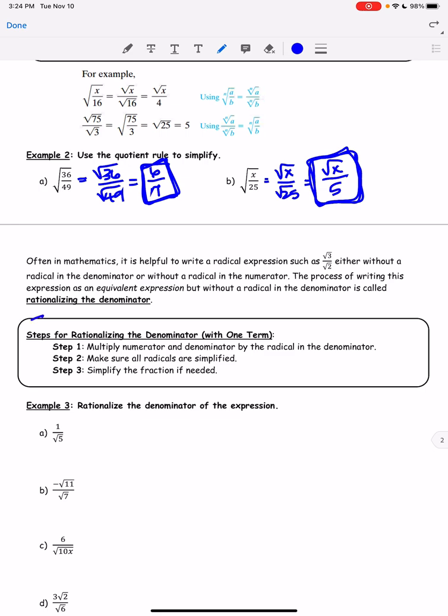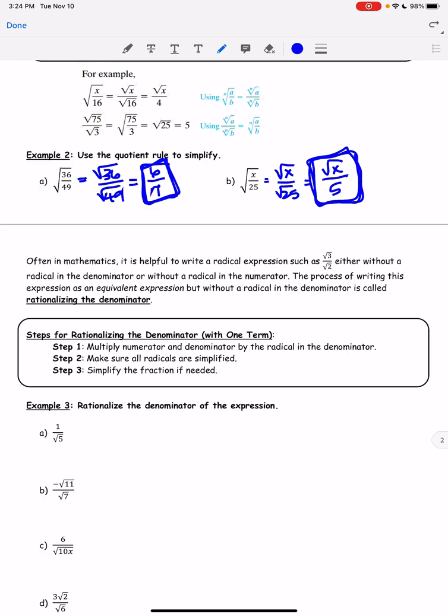So here are your steps for rationalizing a denominator, and this is only with one term, okay? You're going to multiply the numerator and the denominator by the radical in the denominator.